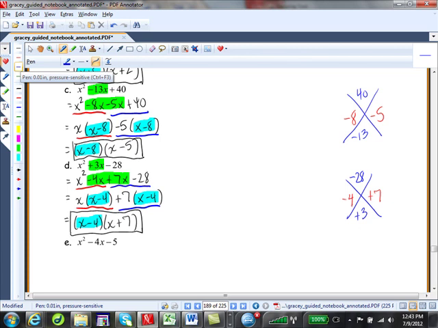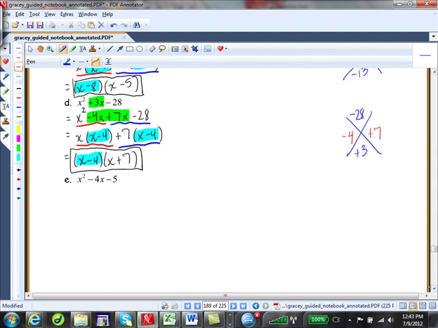Okay, let's make our x for part E. So 1 times negative 5 is negative 5. We have a negative 4 coefficient for our middle term. So again, the way to make a negative product is a positive times a negative.